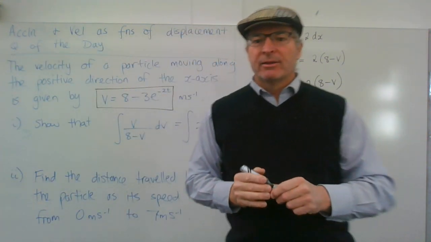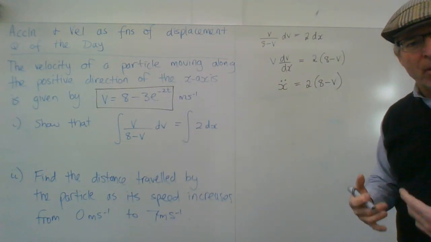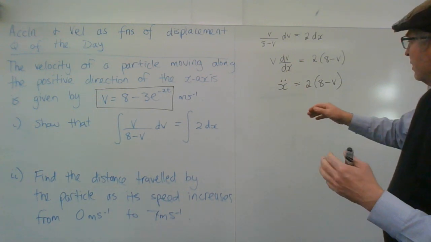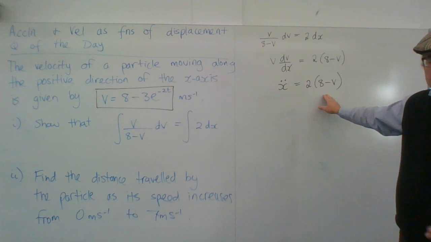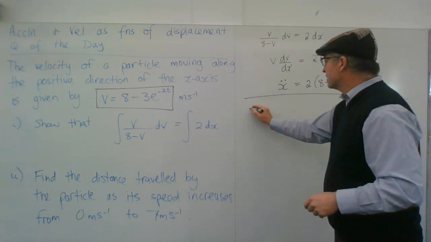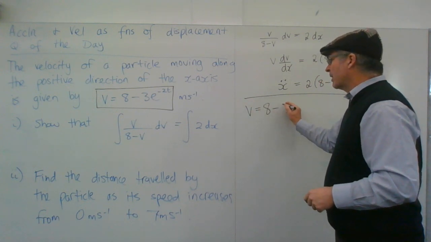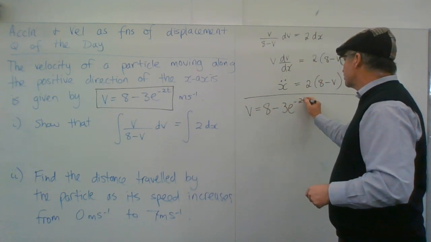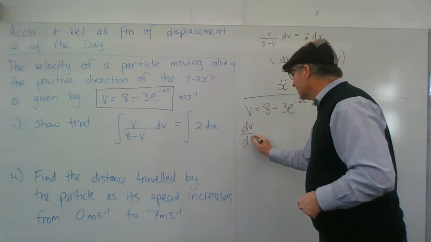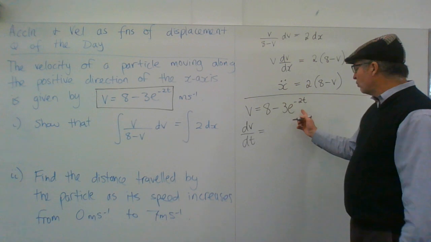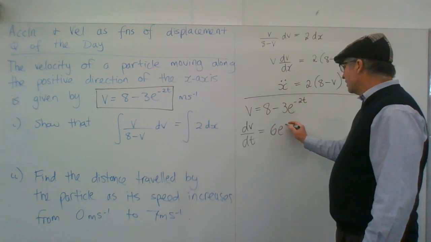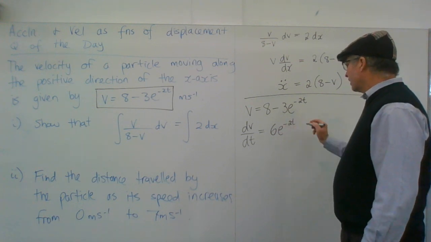I've been given that the velocity is 8 minus 3e to the minus 2t, and I'll try and get the acceleration and see whether it works out to be that. So the velocity is 8 minus 3e to the minus 2t. So the acceleration is dv dt, and that will be 6e to the minus 2t.